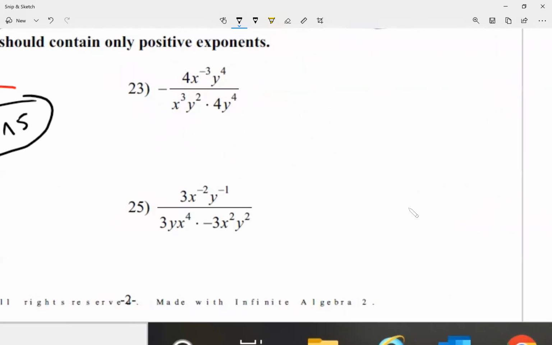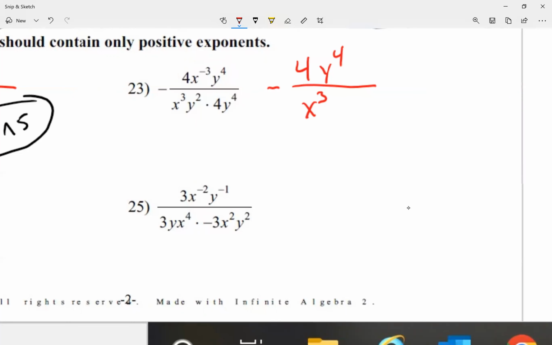Now here, number 23, I see some negative exponents. So there's a negative sign in front of the fraction. I'm just focused on the top. I'm just looking at what we have on the top. I'm going to keep the 4 on the top, x to the 3rd at the bottom, and y to the 4th on the top. Right? Anything that had a negative exponent, I brought it to the bottom.